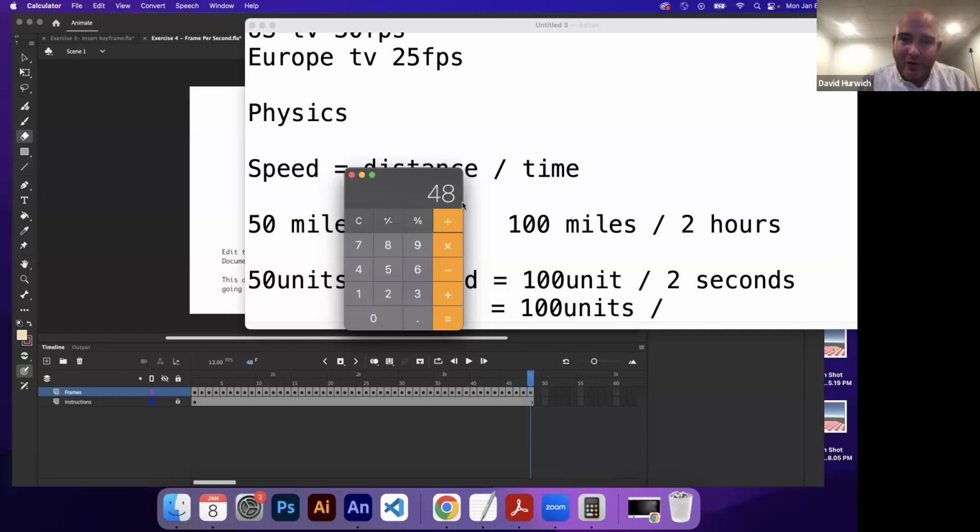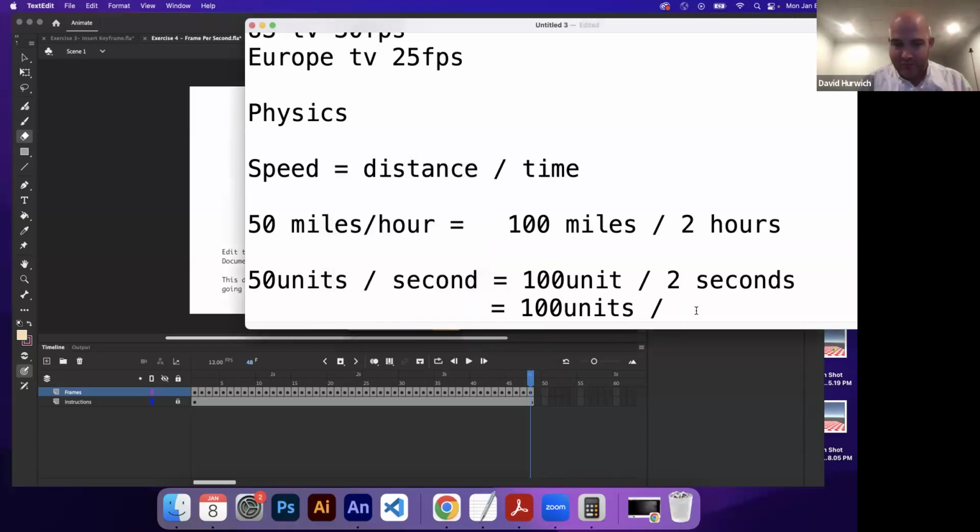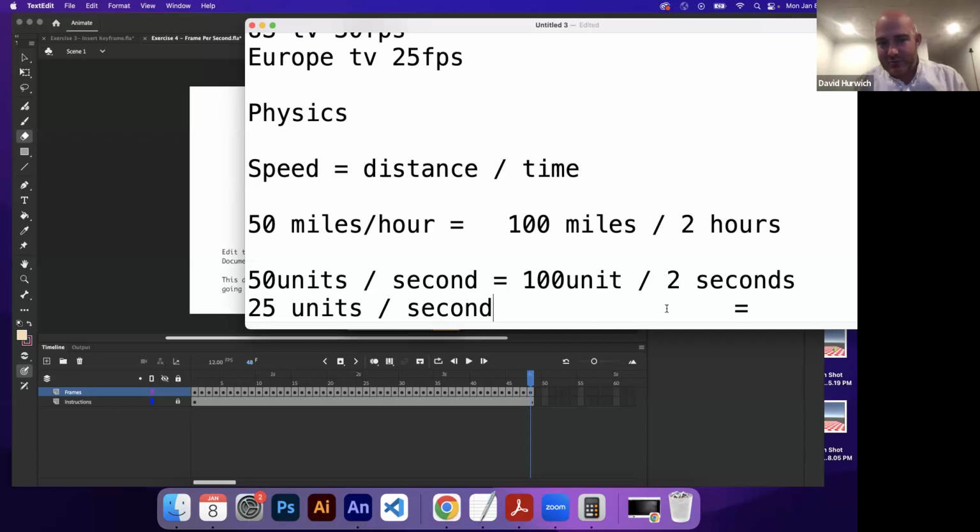So if I take 48, the total, divided by 12, my animation now was 4 seconds long, whereas before it was 2 seconds long. So instead of dividing the distance by 2 seconds, we're now dividing it by 4. When you divide by a higher number, you get a smaller amount. So now my character is only moving 25 units per second, as opposed to 50 units per second.